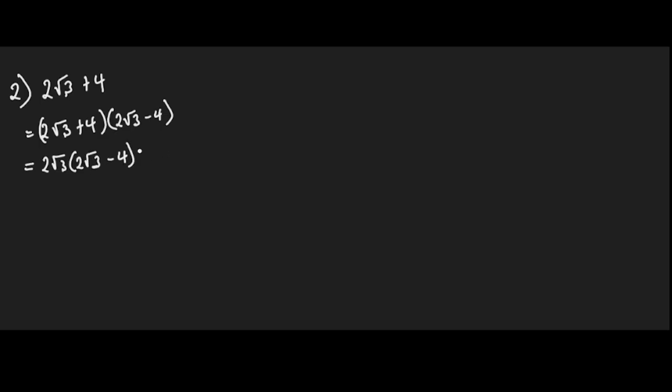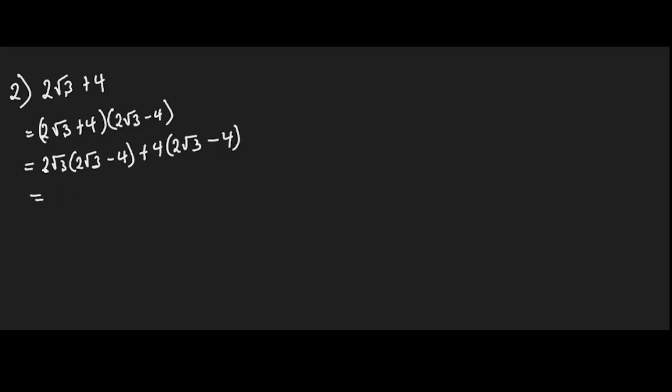If we have 2 root 3 plus 4, to rationalize this, we multiply it by its conjugate, and the conjugate of this is 2 root 3 minus 4. Now, using the expansion approach, it's going to be 2 root 3 (2 root 3 minus 4) plus 4 (2 root 3 minus 4).